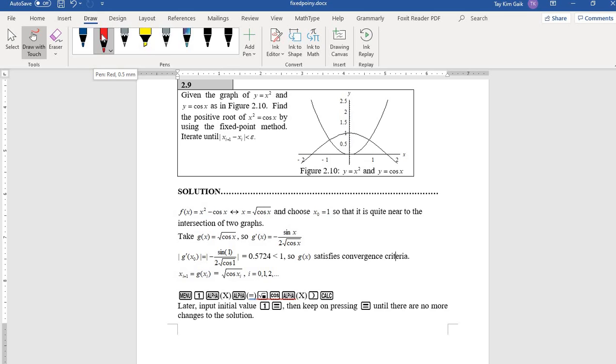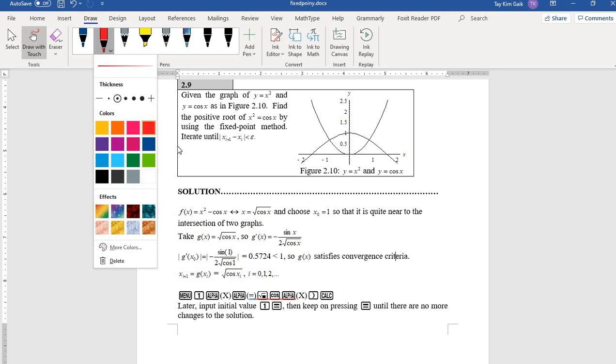So in this case, I will write x equal to the square root of cos x, and choose x naught equal to 1 as a starting point, because it's quite near to the root. Before you start the fixed point iteration method, after you choose x equal to the square root of cos x, your g(x) is actually the square root of cos x.